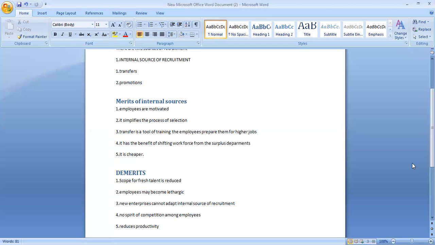When someone comes newly from outside, only then will they have that comparison, and start competing with that new candidate who has come from outside. So it actually reduces the spirit of competition among employees.